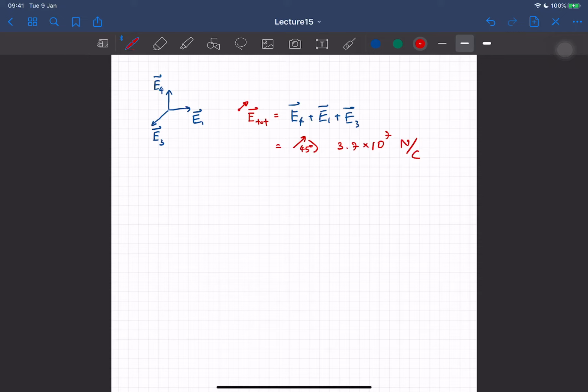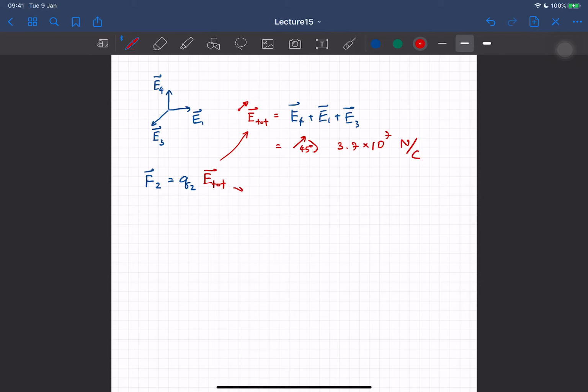Now if we want the force on Q2, which is F2, this is easy because we know the electric field. So we just need to multiply Q2 with E total here. Just to be absolutely clear, I'm gonna write again what is E total.